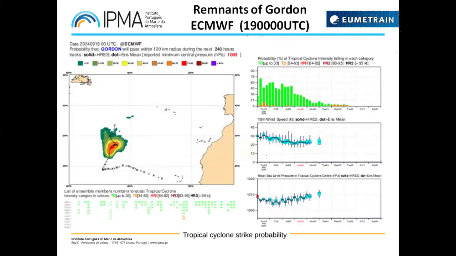ECMWF also suggests a trajectory towards north, with a very low chance of tropical storm intensity. Nevertheless, mainly for aviation and maritime purposes, we should also monitor this system.